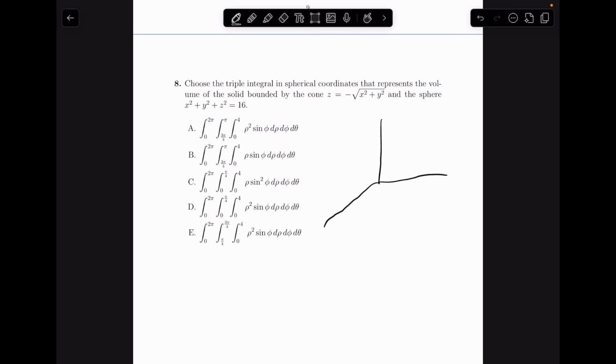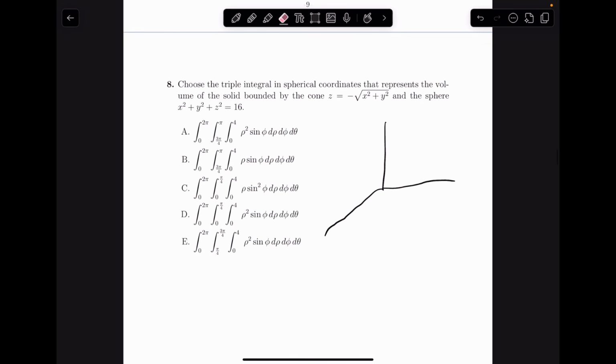So remember our standard cone would be like z squared equals x squared plus y squared, but they took the square root and took the negative of that. If we had just the square root, it would be the top half because everything is positive, but they took the negative.